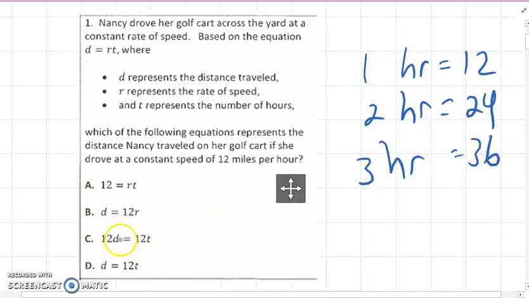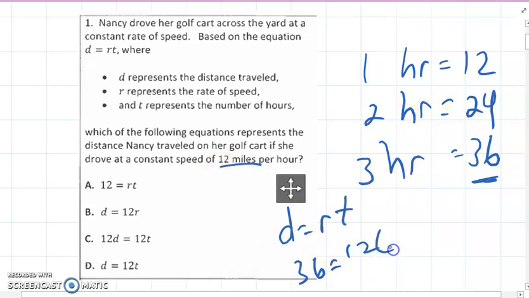So think of which of these would work, because distance equals rate times time, your distance would be 36. In which one of these four can you put 36 is equal to the rate? The rate is 12 miles per hour, okay? 12 times the time. How long did it take to get to 36 miles? It took 3 hours. So 12 times 3 was 36.